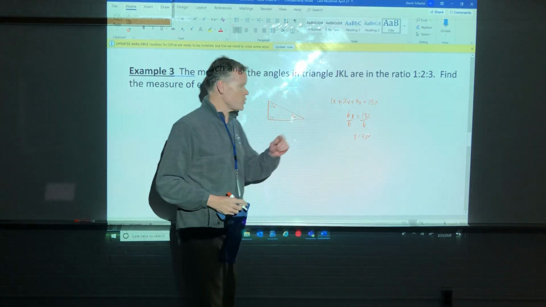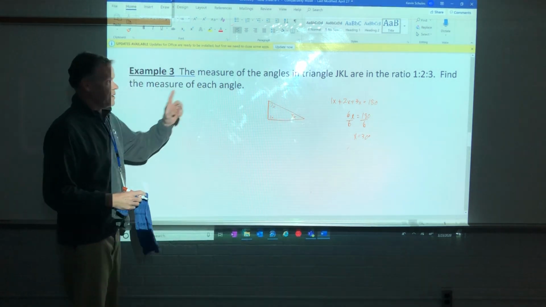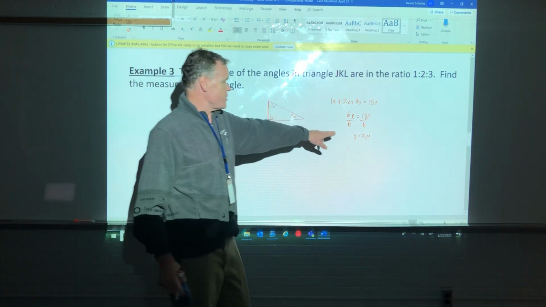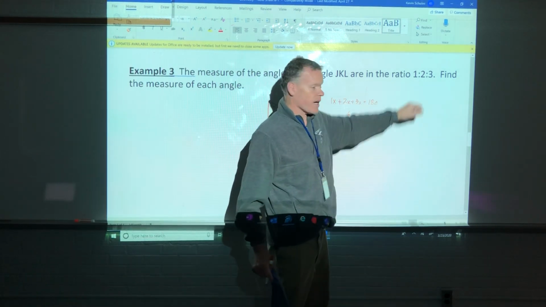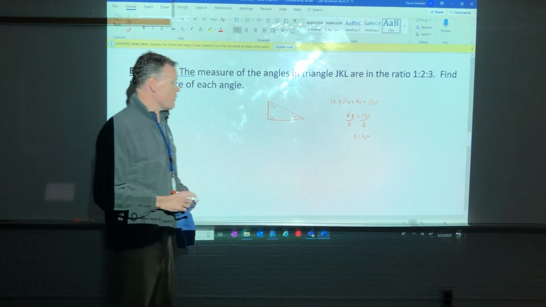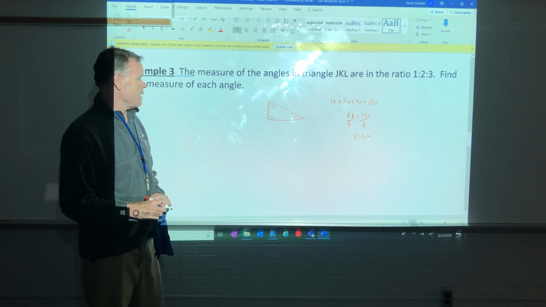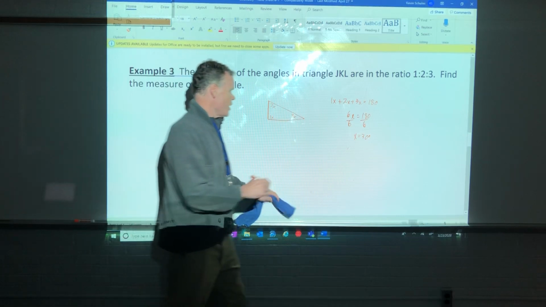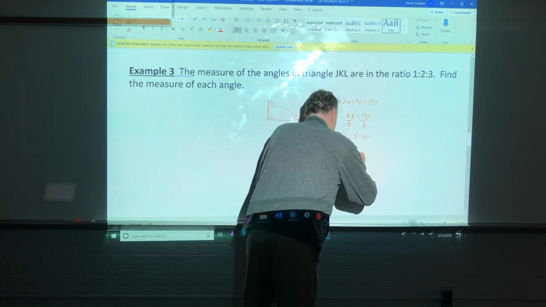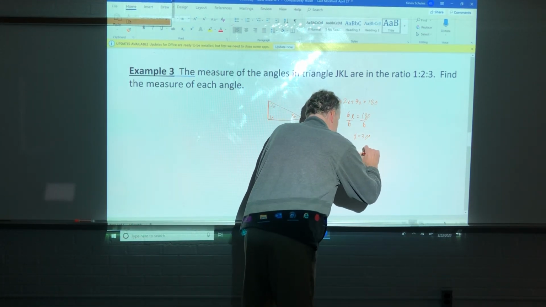Now again, make sure you go back to your original question. They didn't just ask you to find x, they asked you to find each angle of the triangle. Okay? So if you look at your values here, 1x per x is going to be 30 degrees.